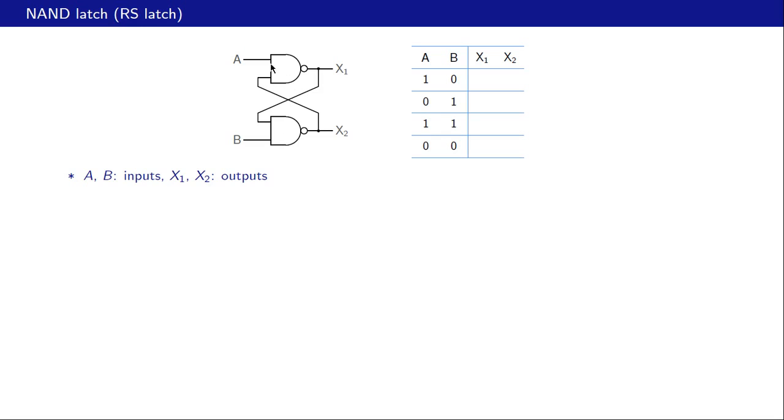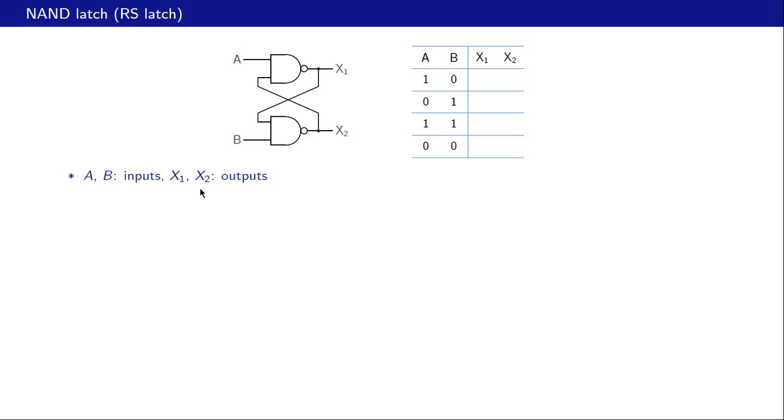Two inputs, A going to the first gate, B going to the second gate. And the second input of the first gate is coming from the output of the second gate, like that. And the second input of the second gate is coming from the output of the first gate. So our inputs are A and B, and the outputs are X1 and X2.